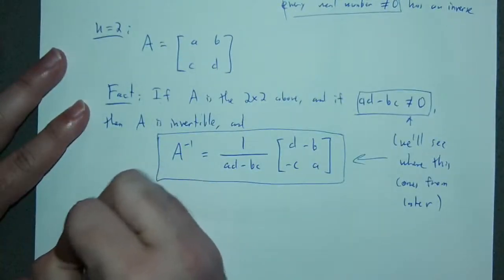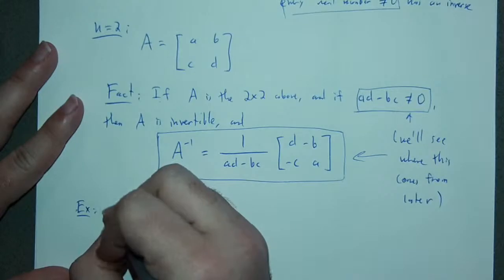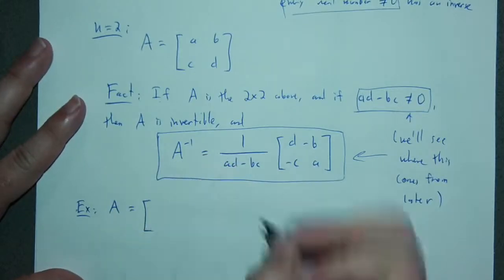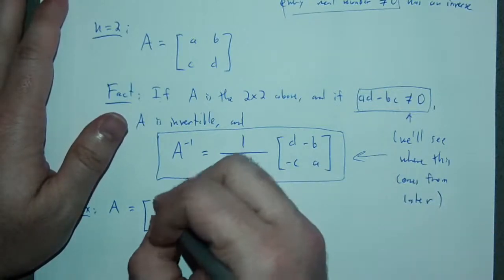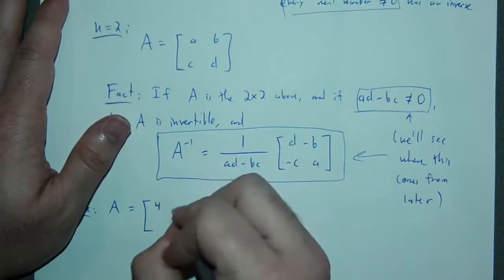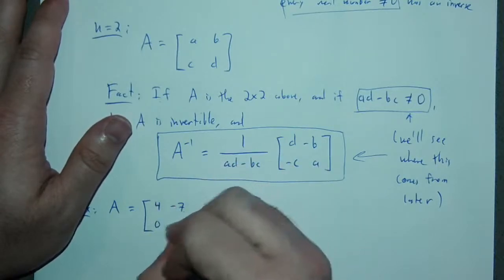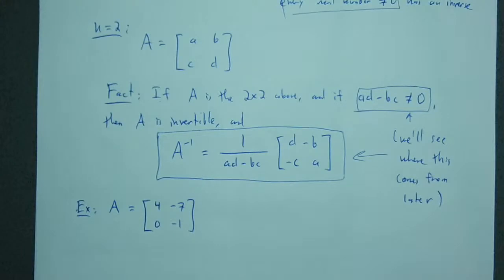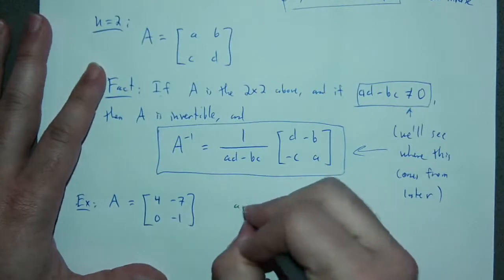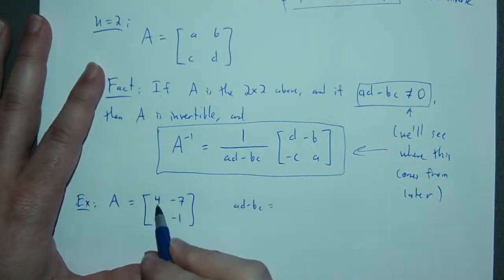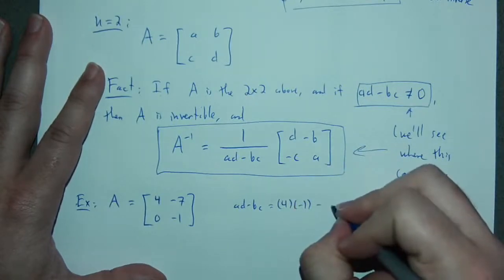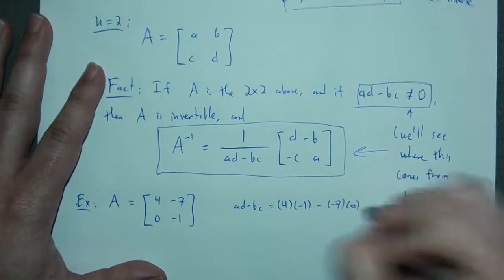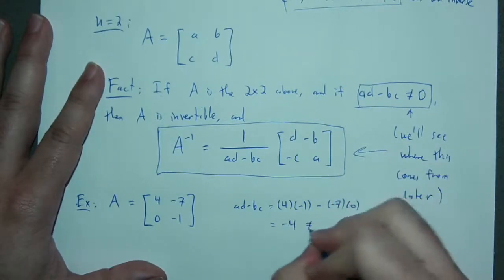So here's an example. For 2 by 2 matrices, it's very easy. Let's pick a matrix: 4, minus 7, 0, minus 1. So what is A inverse? First I check what AD minus BC is. That is 4 times minus 1 minus 7 times 0, so that is minus 4, which is definitely not 0.